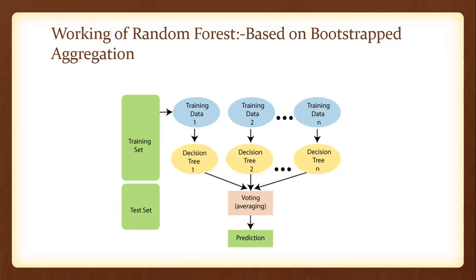Suppose you have got a data set. There are thousand rows, and in row wise sampling you have to collect a subset of, suppose, 500 rows. Randomly you will be selecting 500 rows and give it to the first estimator, the first decision tree. Then what will happen?